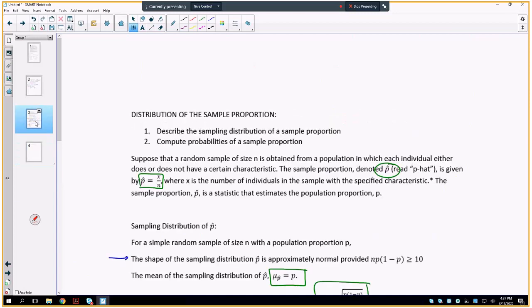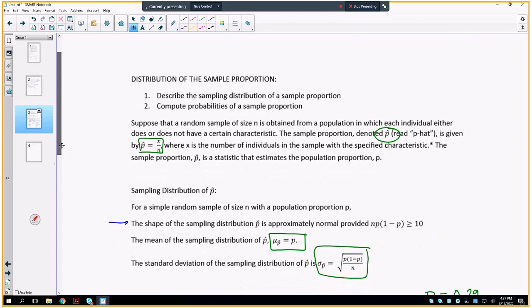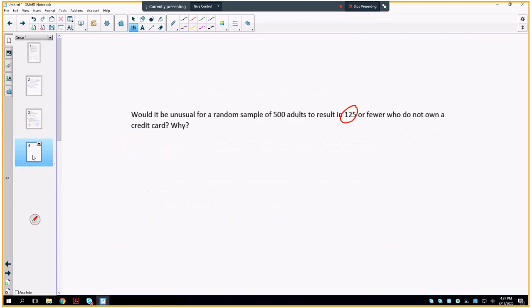That's where we go back to, at the beginning here, p hat is equal to x over n. So it's simply x is 125, n is 500. It's 125 out of 500. So that's the first thing. We're going to say p hat is going to be x over n.